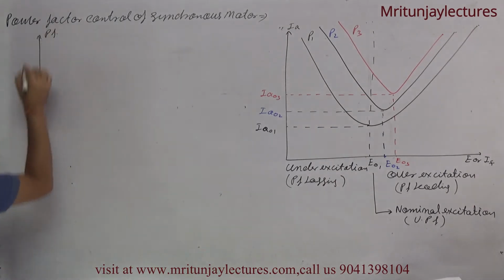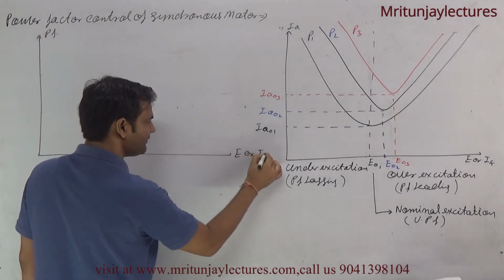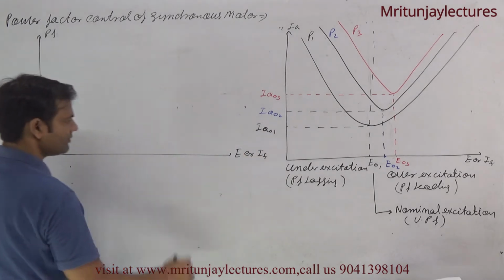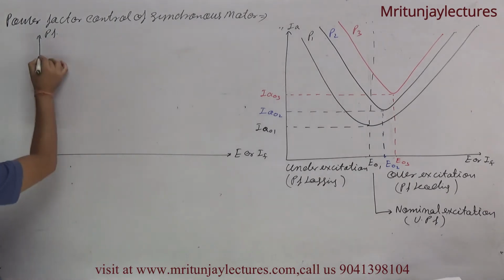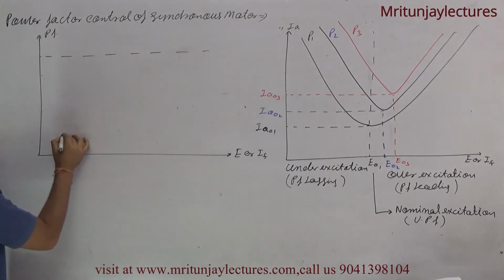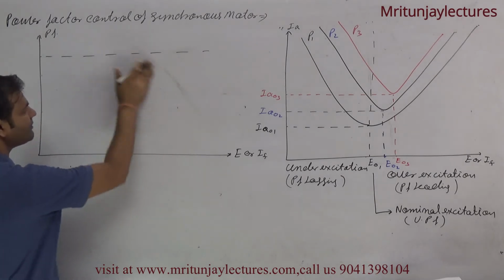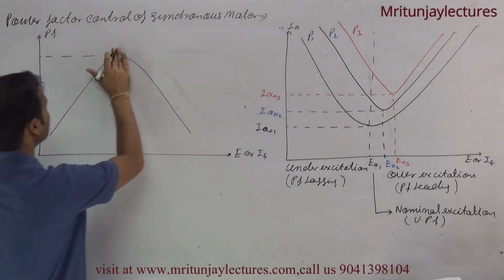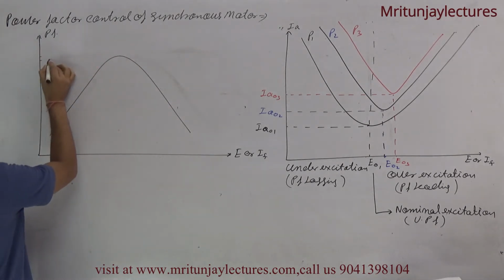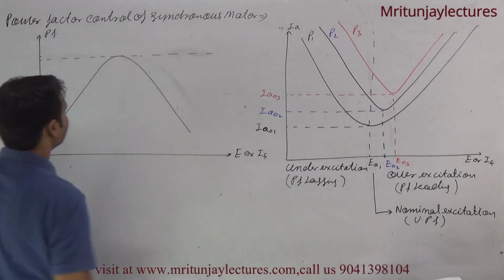That is power factor versus E, or you can say field excitation current. Now here we got corresponding to the previous one, plotting clearly.